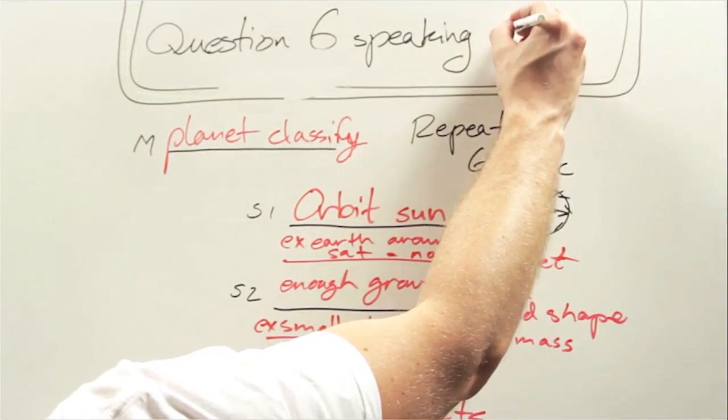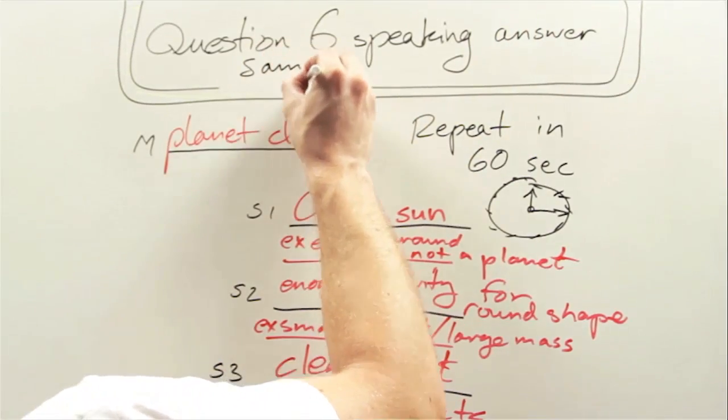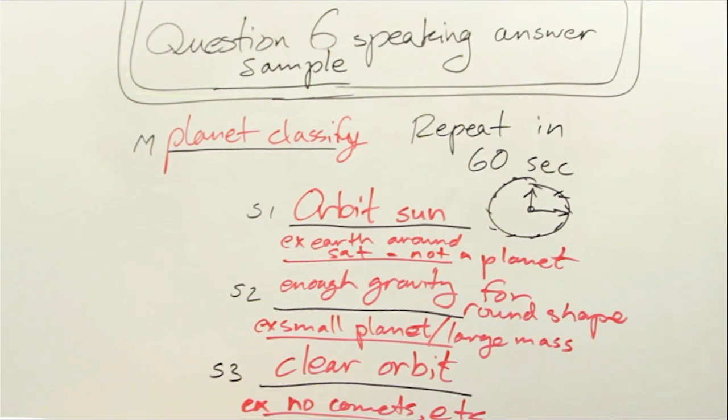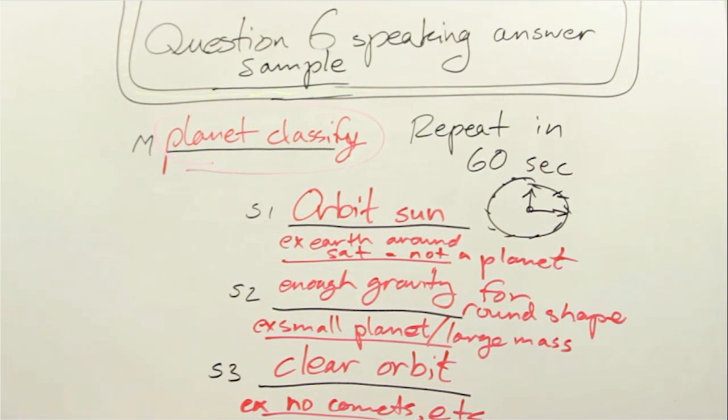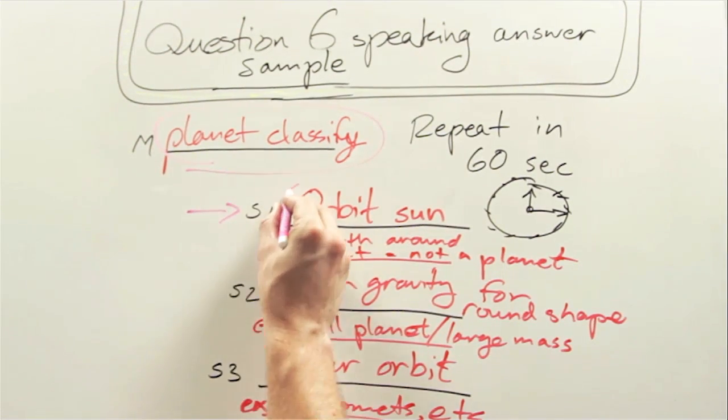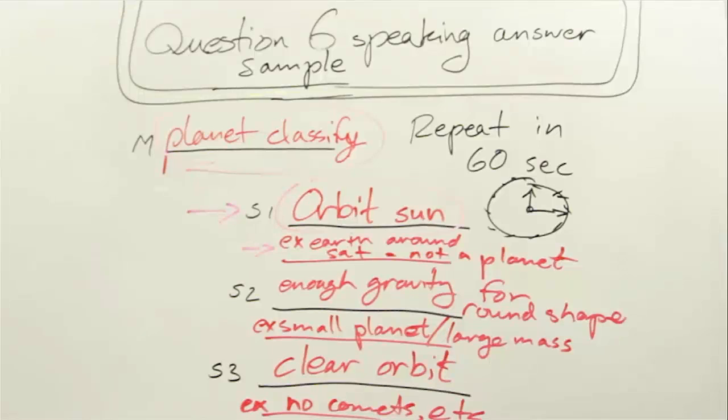In the lecture, the speaker talks about planet classification. This is defined as what exactly makes a planet a planet. The speaker gives some examples of this. First of all, the first classification is that the object orbits a sun. For example, if the Earth orbited Saturn, it wouldn't be considered a planet.